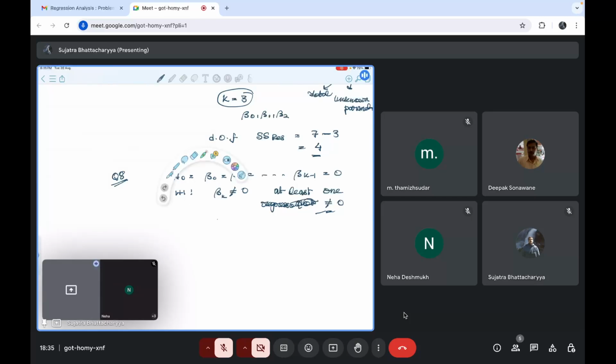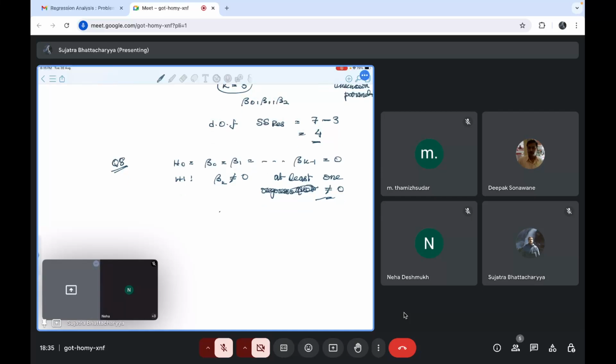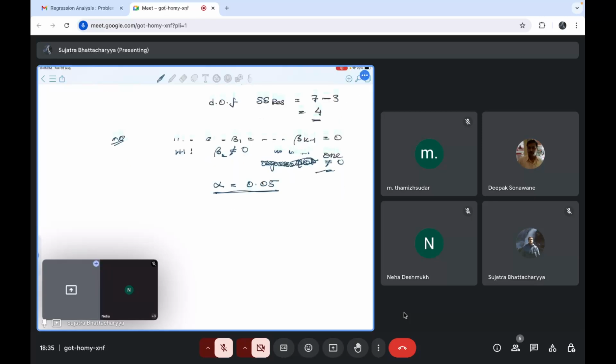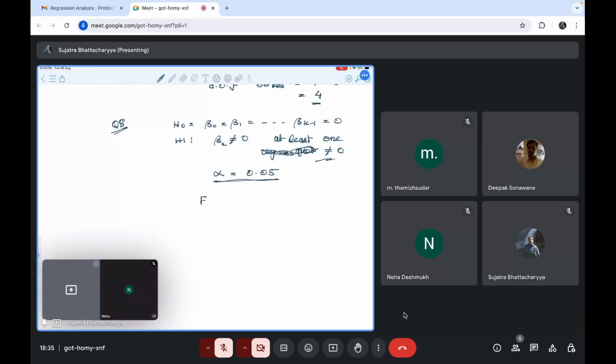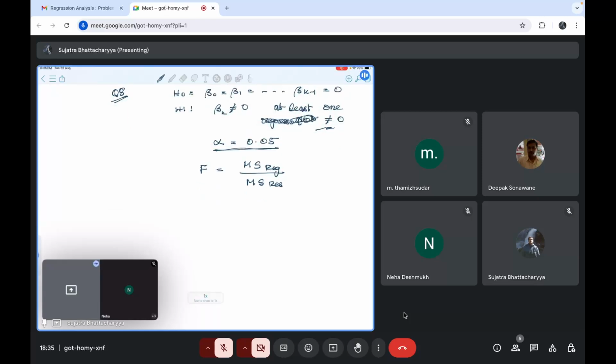They have asked to have a significance level of 0.05. So we will use this. For F statistic, we have discussed so many times that it is nothing but MS regression, mean square regression, divided by MS residual. So we will calculate each and everything.